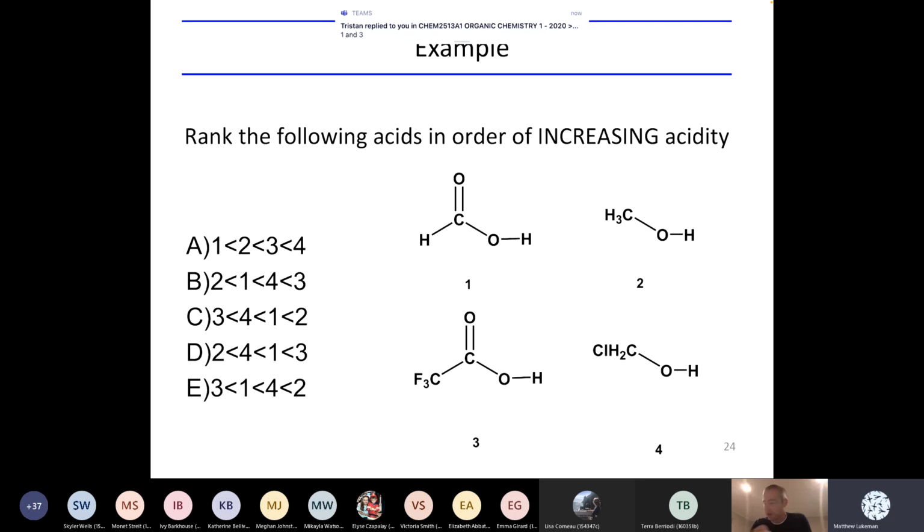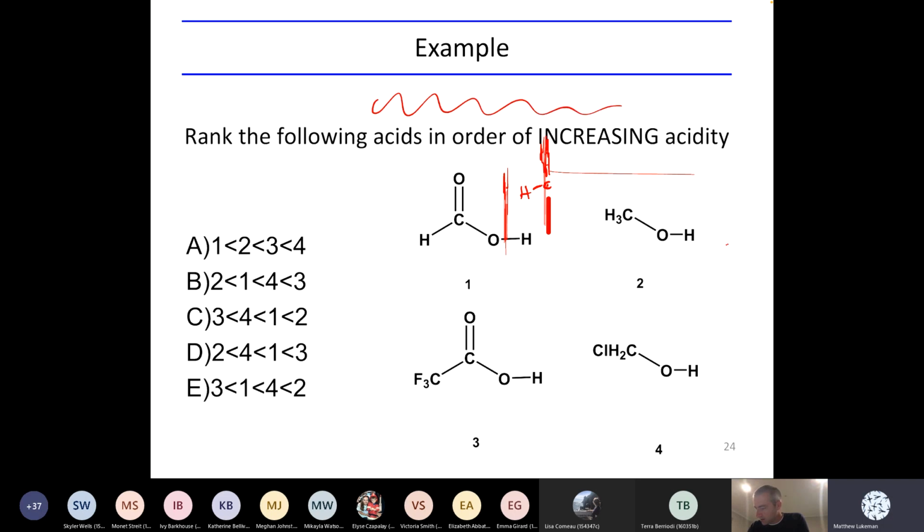So 1 can definitely make a resonance structure. Hydrogen, carbon, oxygen, oxygen minus.